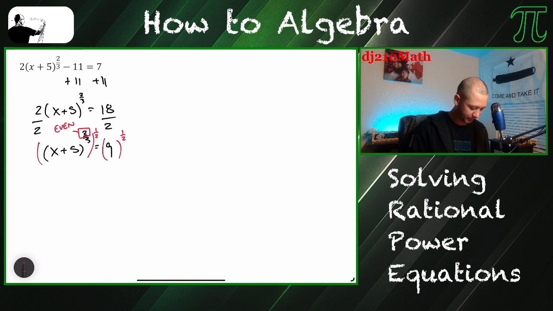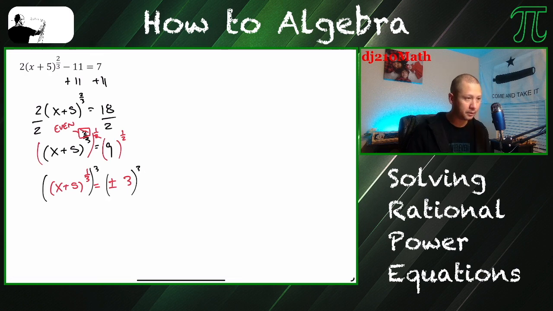So the left-hand side is going to be x plus 5 to the 1/3 because that's what's left over because the 2s cancel. And this is equal to plus or minus 9 to the 1/2 power, essentially the square root of 9, which is 3.